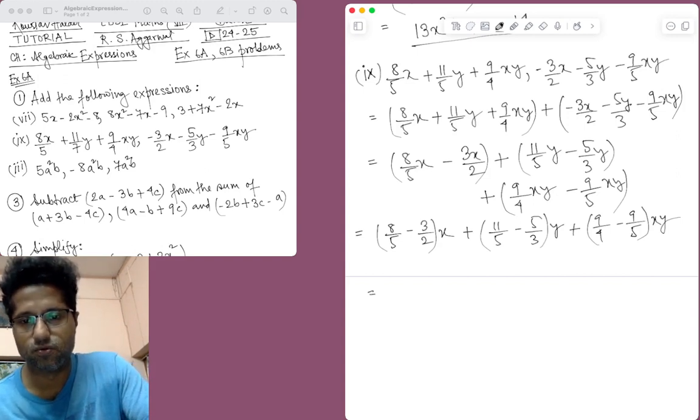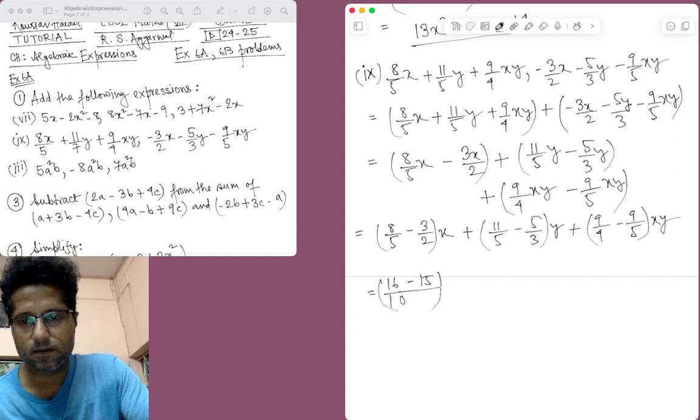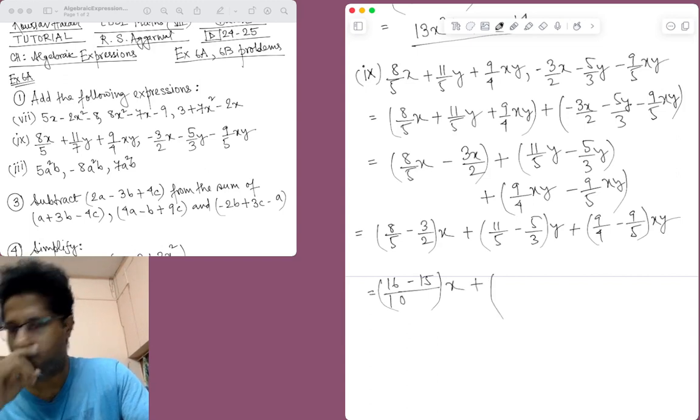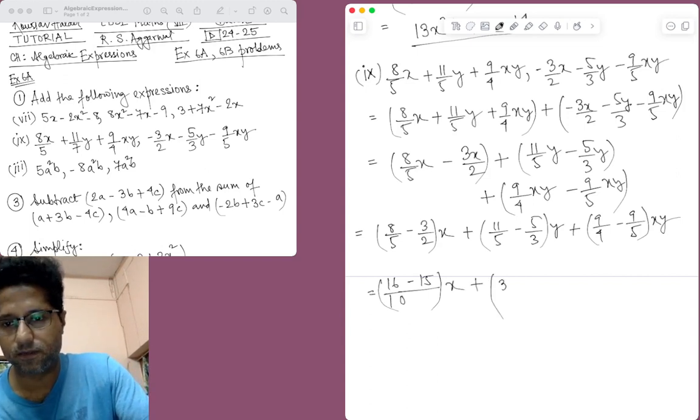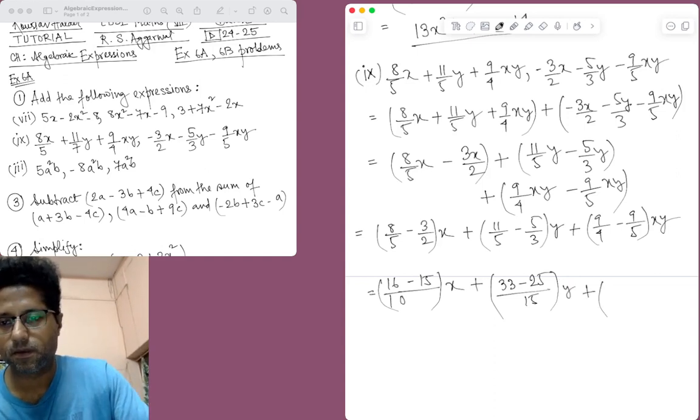So this will be 16 minus 15 by 10 x, plus 33 minus 25 by 15 y, plus 45 minus 36 by 20 xy.